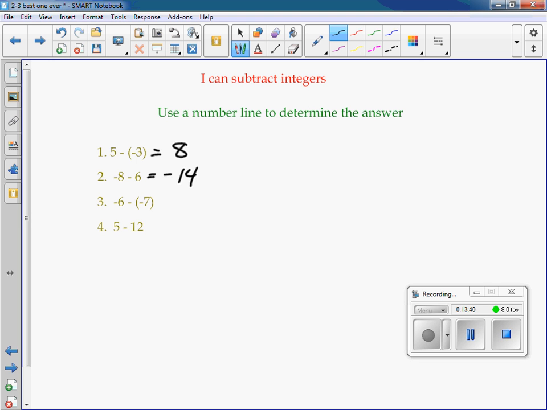Well, let's use the numbers though up here. Okay. So what would this negative 8 represent?